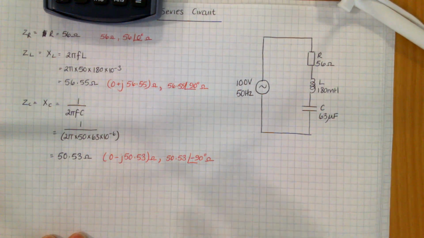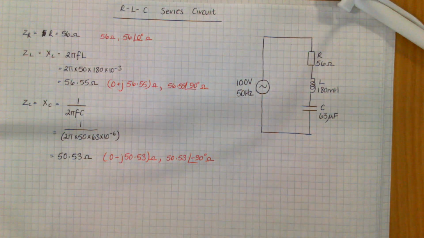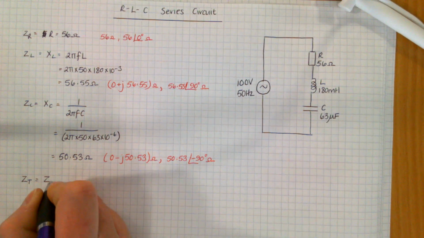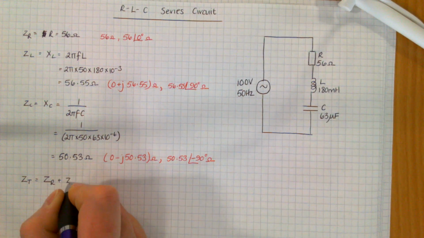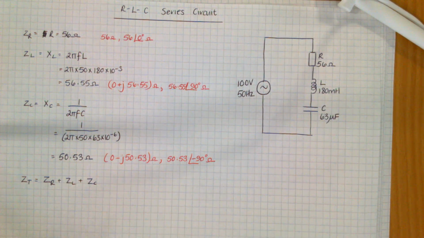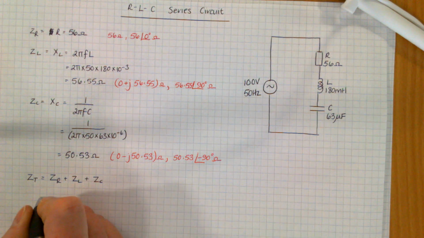Then when you do your total, you're going to add these three impedances together. And because you're going to add them in rectangular form, you add and subtract in rectangular form, you multiply and divide in polar.